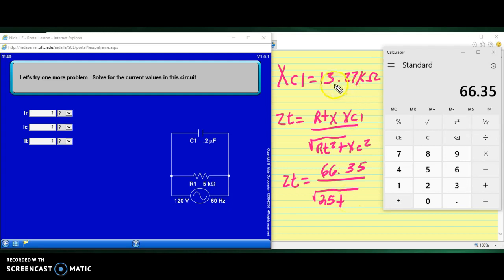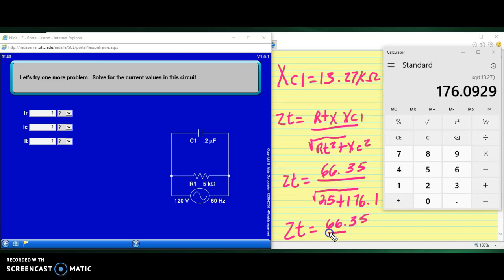Well, we know X of C is 13.27, so let's go ahead and square this guy. 13.27 squared is 176, and we'll round it to 176.1.